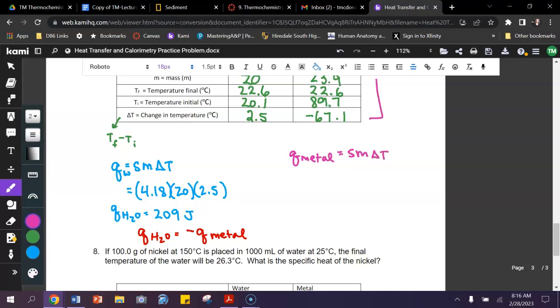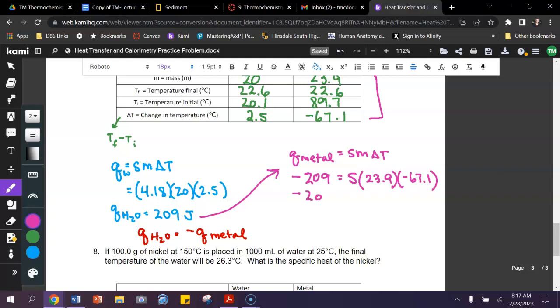So now I'm going to be using these values. I know that the Q of the metal is a negative 209 joules, and that's equal to the specific heat of the metal, which is what we're looking for, times the mass of the metal, which is 23.9 grams, times delta T for the metal, which is negative 67.1 degrees.